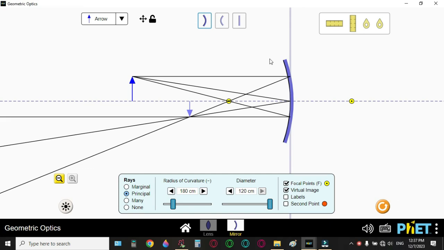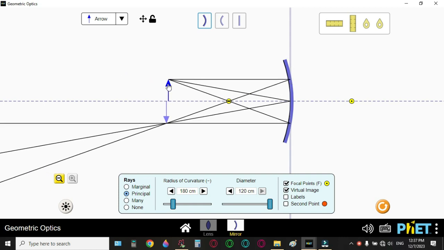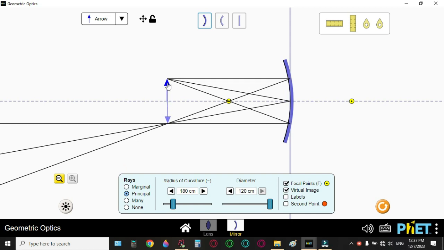Good day, everyone. Today we will be discussing the images formed in lenses. So maybe you're wondering why you are looking at this particular example. Well, you are right. This is a mirror. Okay. So this is just some sort of review from the previous discussion.